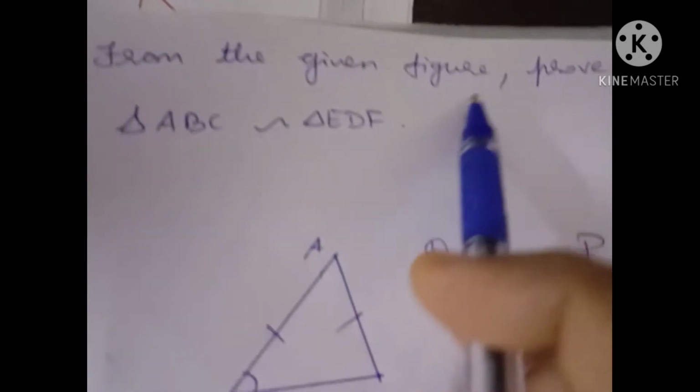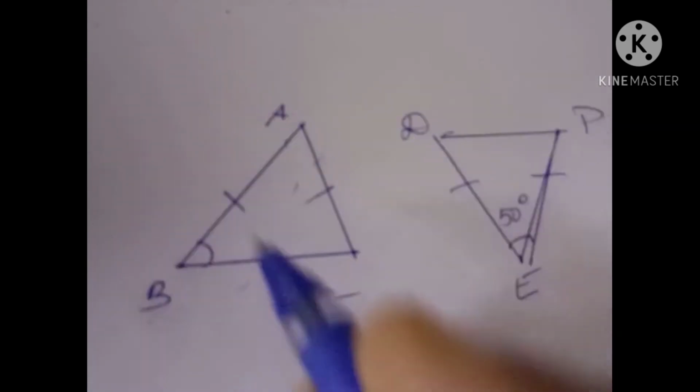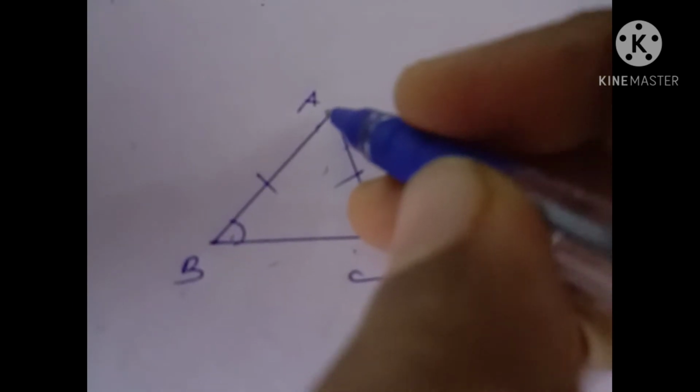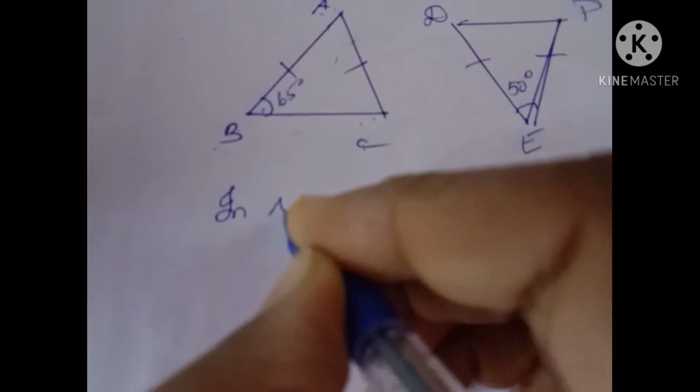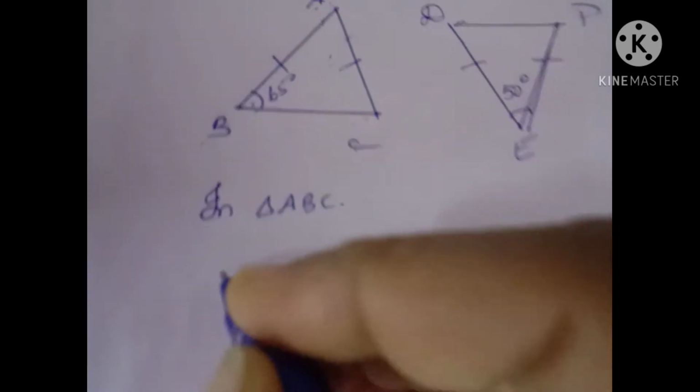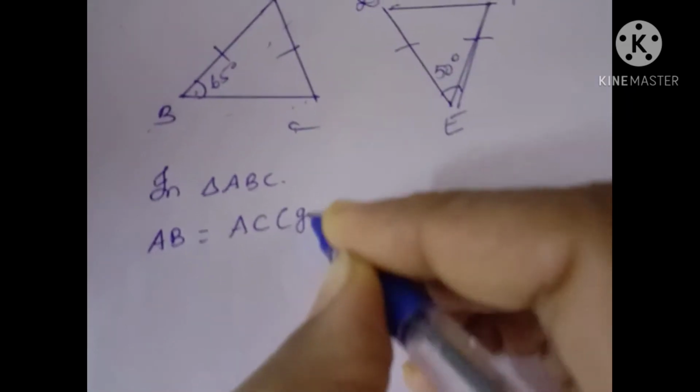Next one, from the given figure, prove that triangle ABC is similar to triangle EDF. So if you see triangle ABC, side AB is equal to side AC, and angle B is equal to 65. Therefore, in triangle ABC, side AB is equal to AC, which is given.